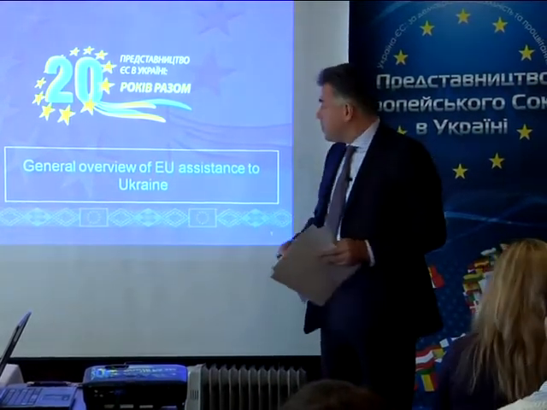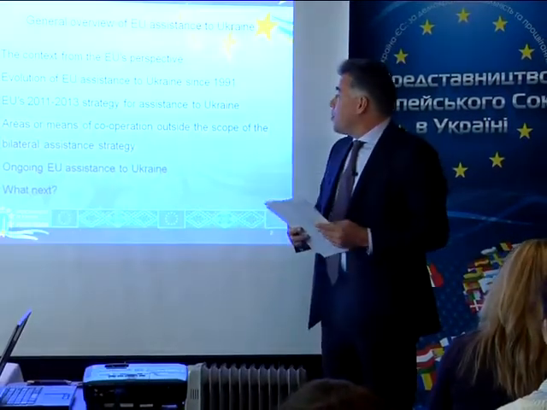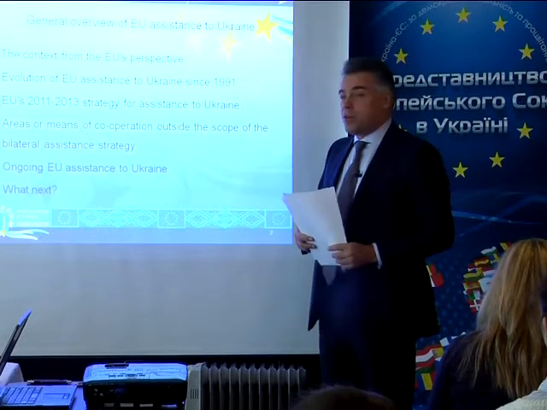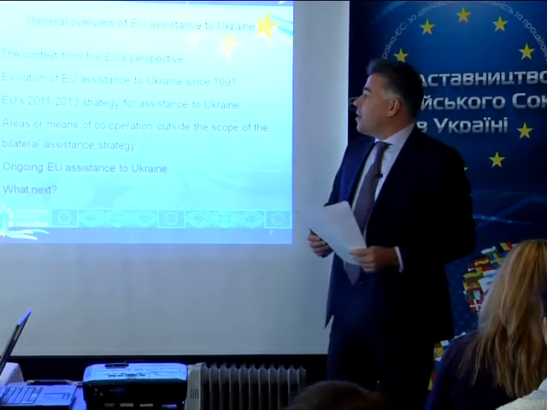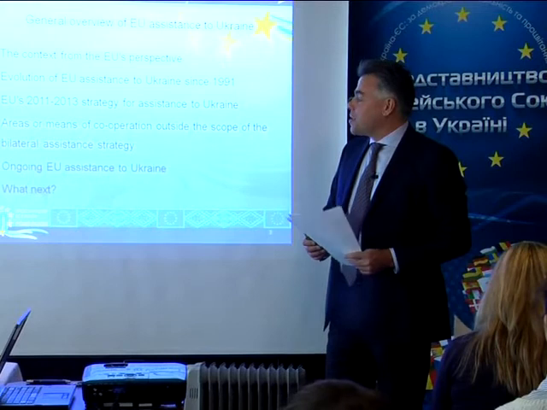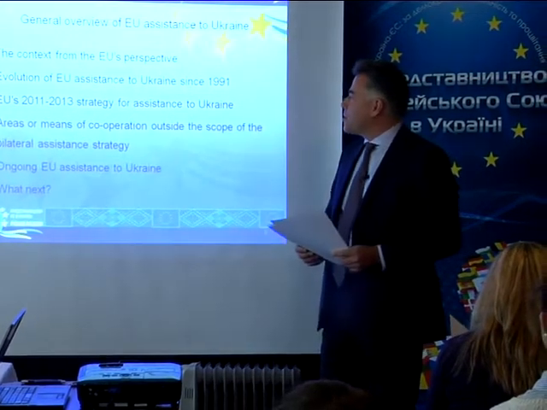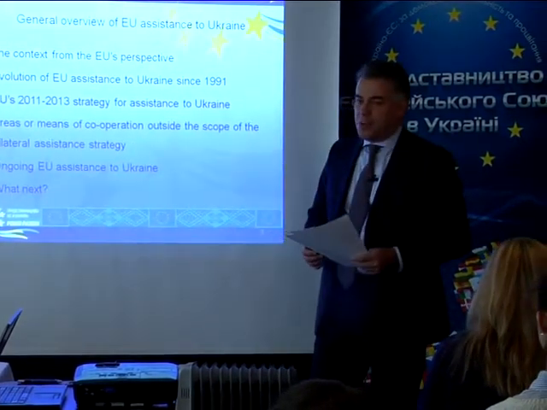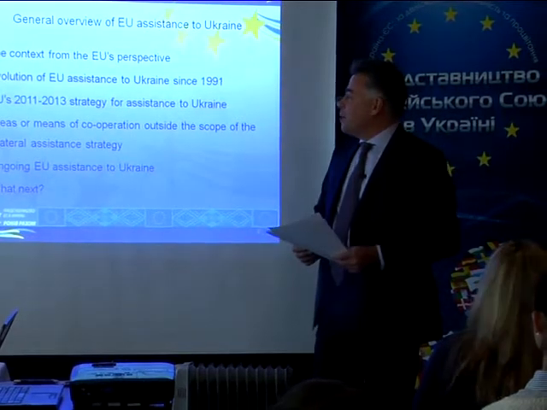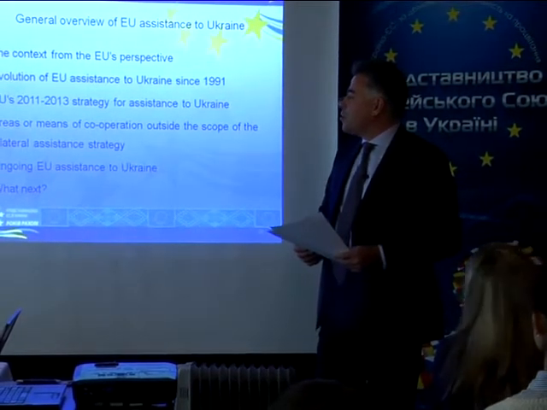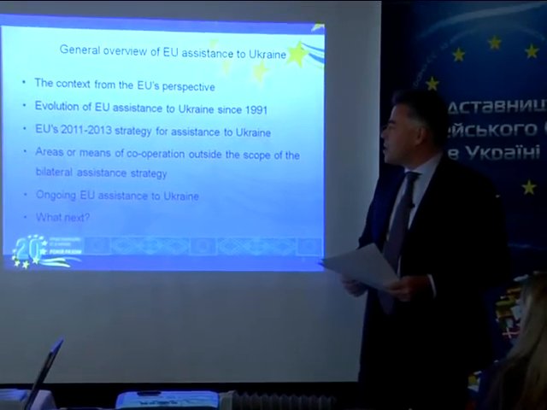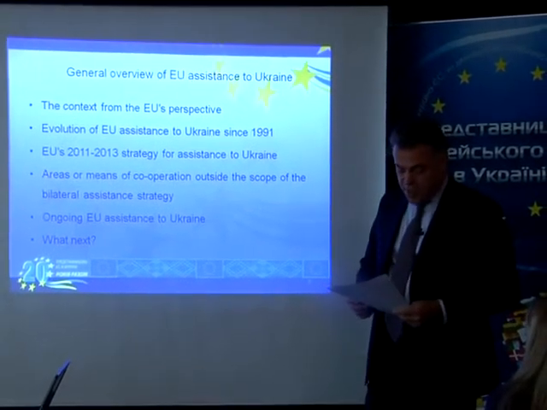I'm going to give you a general overview of the EU assistance to Ukraine. First of all, I'll talk about the context from the EU's perspective. Then I'll tell you something about the evolution of the EU assistance to Ukraine since 1991. I'll give you information on the 2011 to 2013 strategy for assistance to Ukraine.